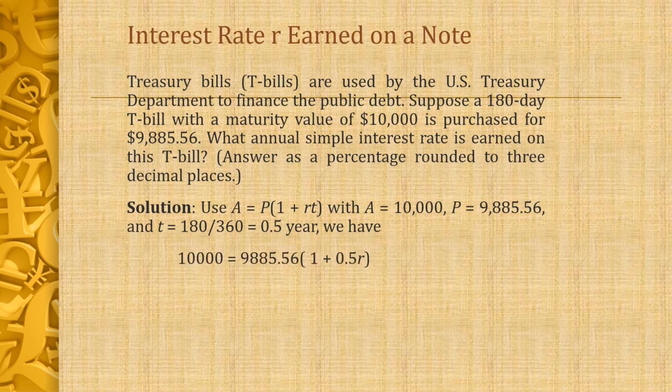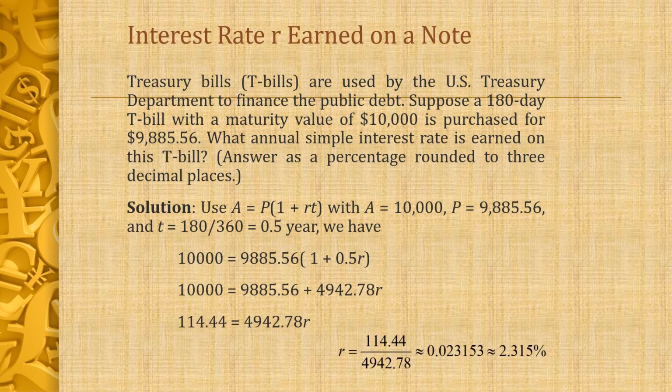And hence, substituting that, we can easily calculate the value for R. And R is 0.0231 or 2.315%. We have to give the percentage rounded to 3 decimal places. So it is 2.315%. Earlier we found the principal amount, here we have got the rate of interest R.